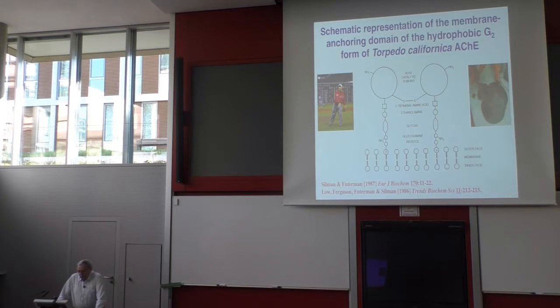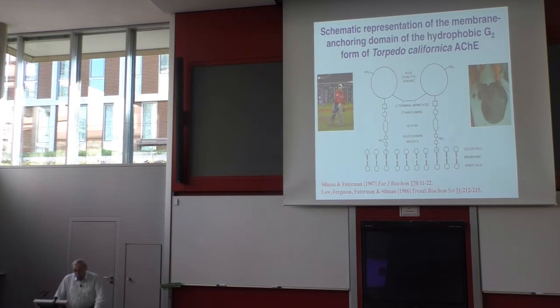And if you actually homogenize the tissue and do sucrose gradients, you find that 2/3 of the enzyme is this dimer I'm showing you here, and 1/3 is the collagen tail form I mentioned before. The collagen tail form is found in the basal lamina between the presynaptic and postsynaptic membranes. This enzyme is out on the presynaptic membranes.